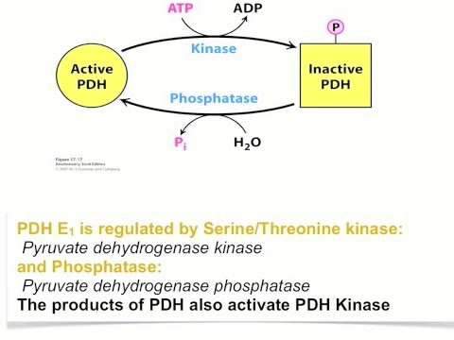It is important to note that the products of pyruvate dehydrogenase enzyme, acetyl-CoA and NADH, also activate the kinase, and so when these products are in high abundance, they really shut the enzyme down by two ways, both directly through binding to the enzyme itself, allosterically inhibiting it, and also indirectly by activating the kinase that will covalently modify the enzyme and thus inhibit it.